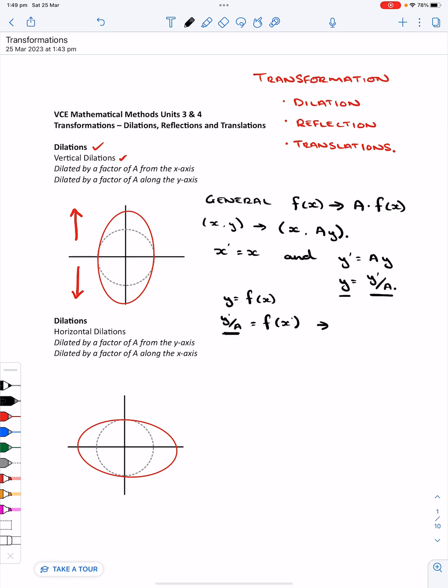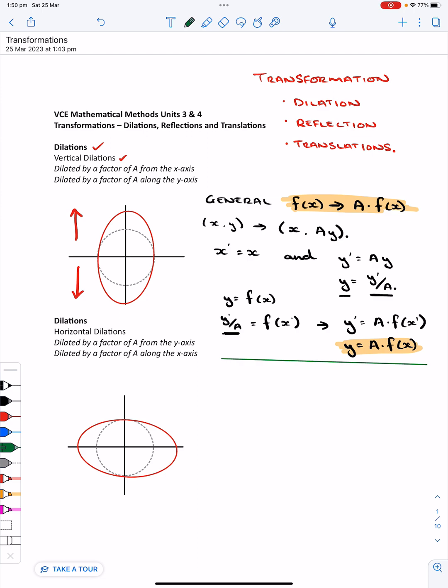And this becomes y image equals a times f(x image). And this means that our transformed form is simply y equals a times f(x), which corresponds with our general form.